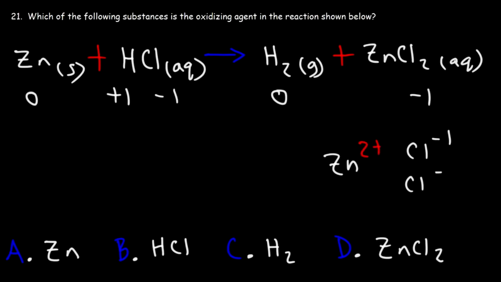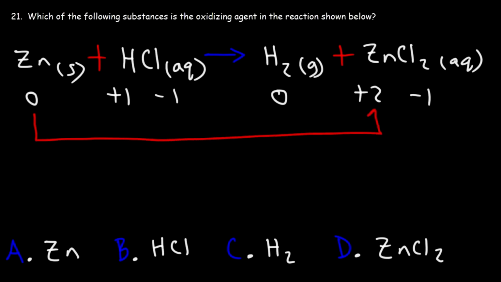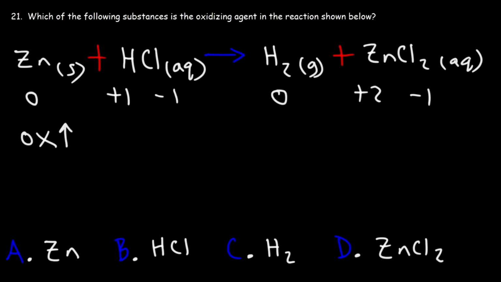So the oxidation state of zinc is +2. So zinc goes from an oxidation state of 0 to an oxidation state of 2. Would you say that zinc is oxidized or zinc is reduced? Because the oxidation state of zinc increased, zinc was oxidized.